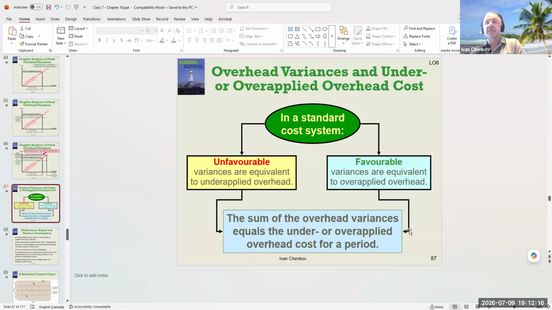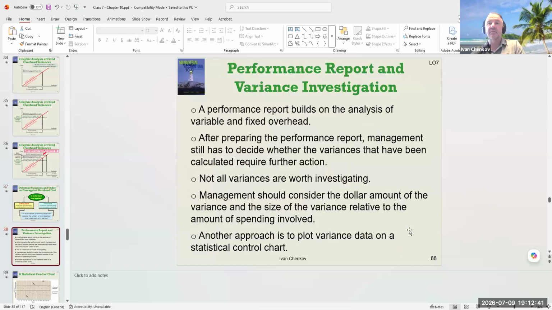So in the standard cost system, unfavorable variance is equivalent to underapplied overhead. So you have the capacity, but you're not applying it. So you're going below the actual available. Favorable variance means overhead was overapplied. Remember, overapplied or underapplied overhead has to be closed at the end of the period.